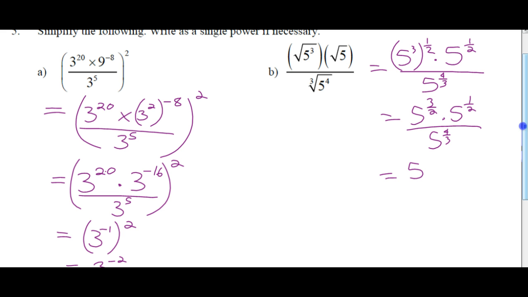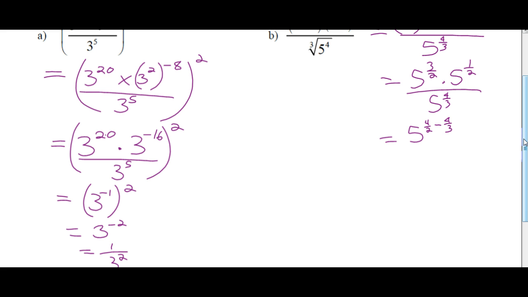So 3 halves plus 1/2 is 4 halves, right? Because you're multiplying powers with the same base. So 3 halves plus 1/2 is 4 over 2 minus 4 over 3, right? Because then we're dividing powers, so we have to subtract. In order to add or subtract fractions, I need a common denominator, which is going to be 6.